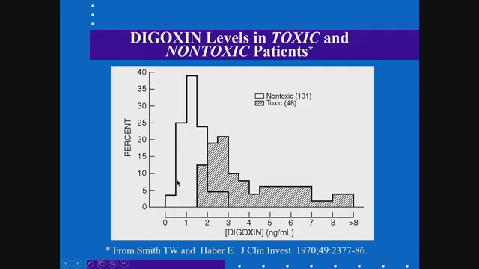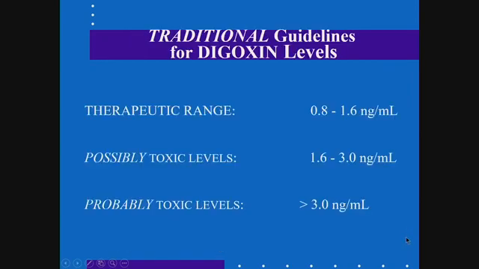And this is a histogram of the distribution of concentrations of digoxin in the patients that were non-toxic, and then higher concentrations of digoxin being measured in patients that were clinically toxic. So on the basis of these empirical observations, then a therapeutic target range is proposed.